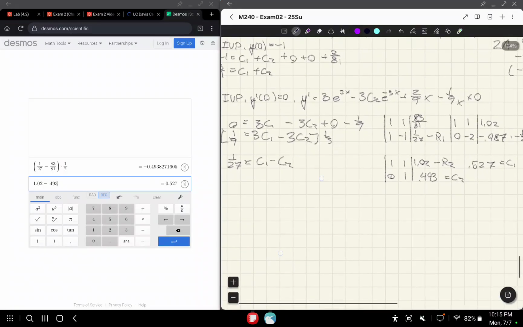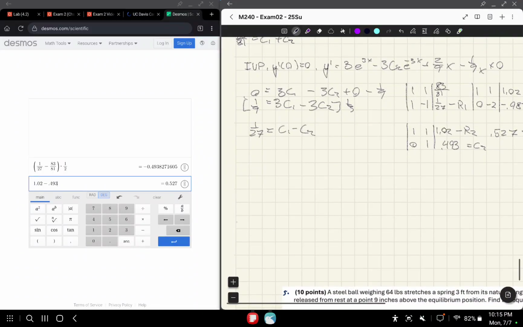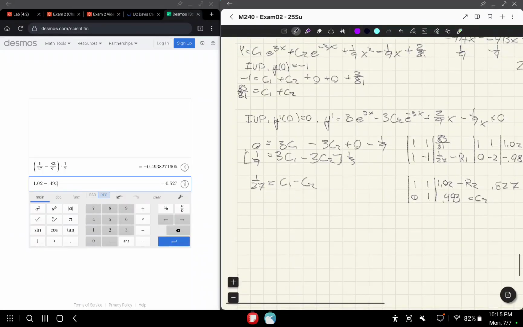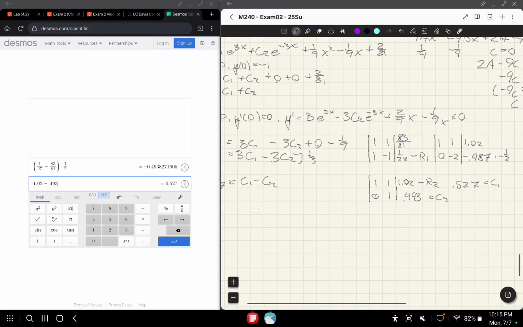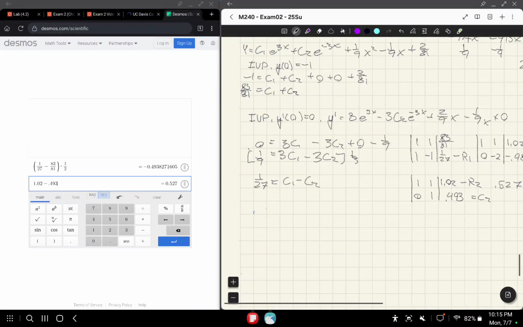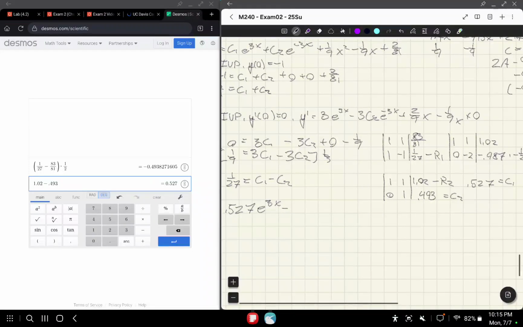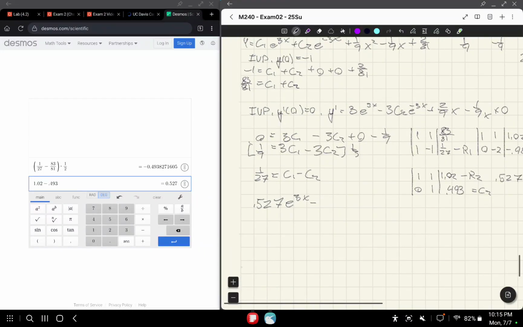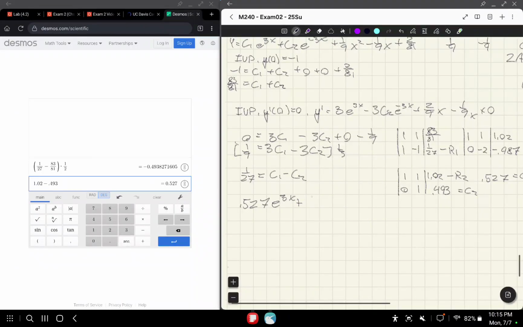So we have 0.527 e to the 3x plus 0.493 e to the negative 3x plus 1 over 9 x squared, 2 over 81.